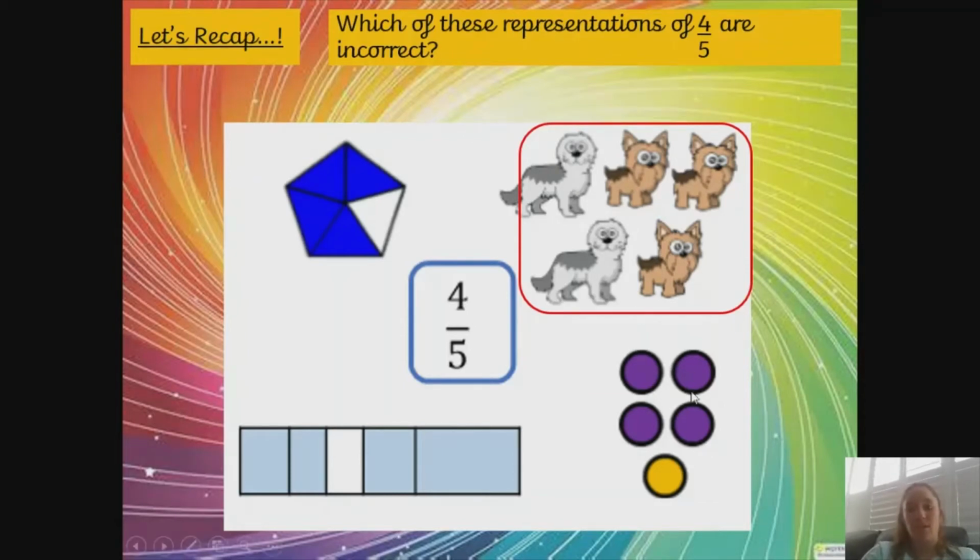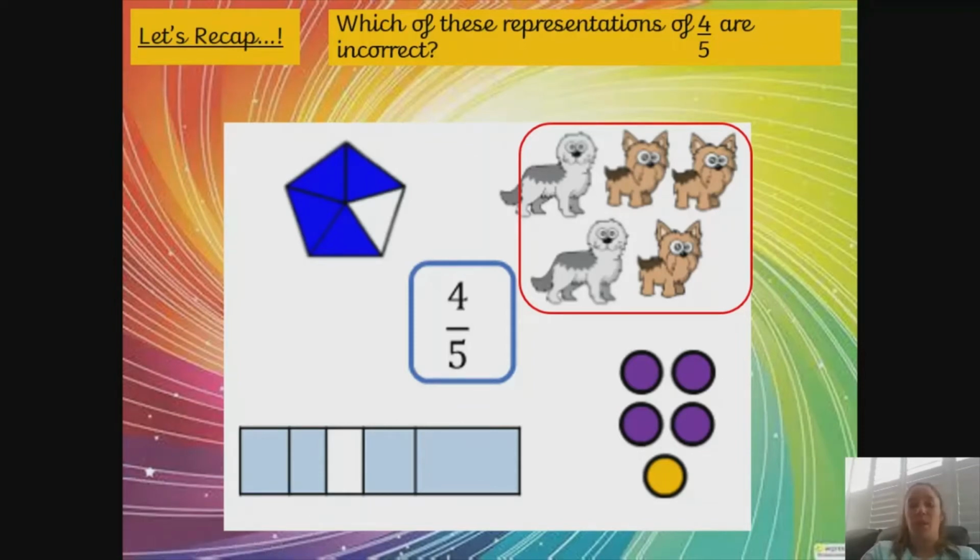Going down to the dots then, we have got 5 dots, so again that is right, our denominator is correct there. And we have got 4 of them which are purple, so that is also correct. Finally, we have got our box down the bottom here. 1, 2, 3, 4, 5. Yeah, it's been divided into 5 and 4 of them are blue. Is that correct?